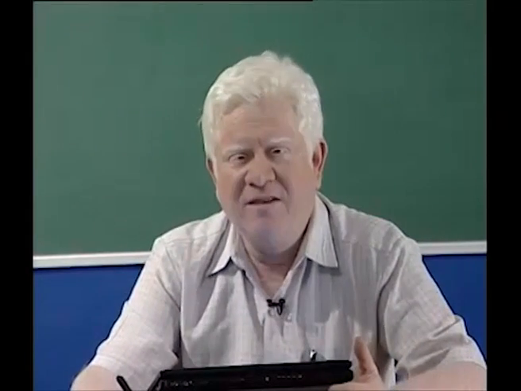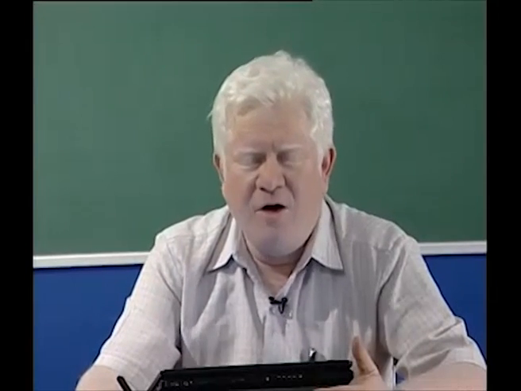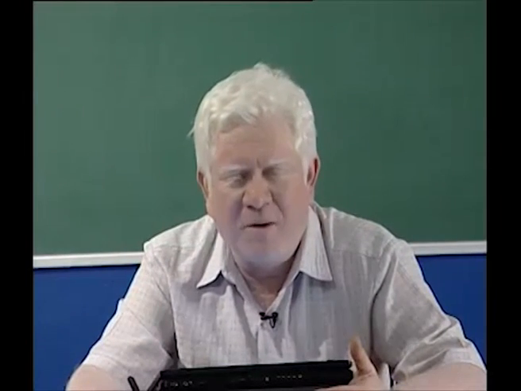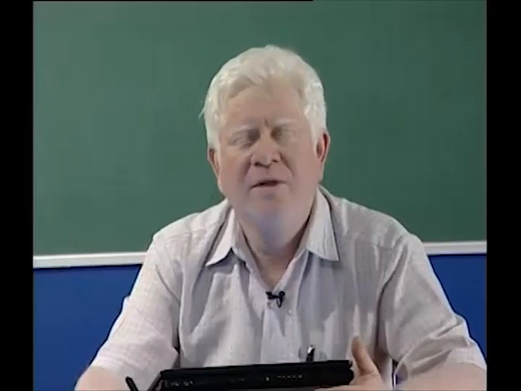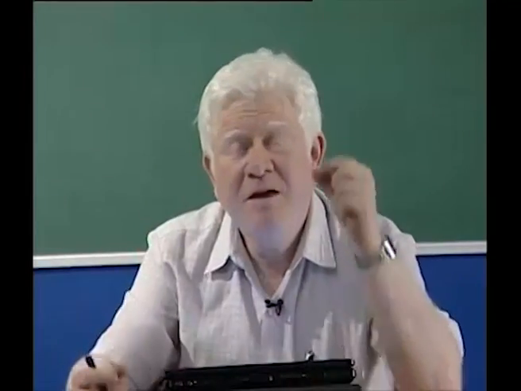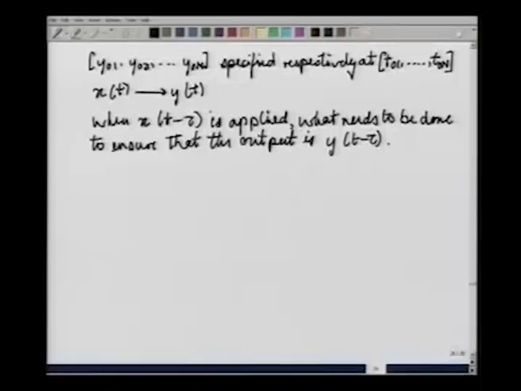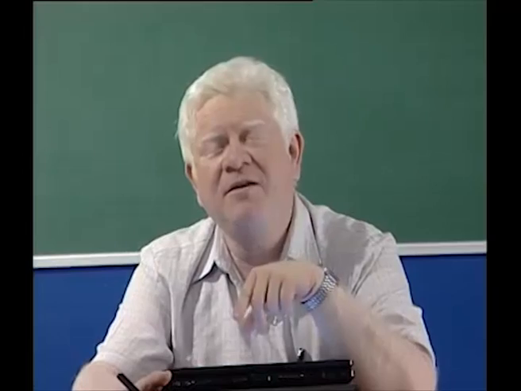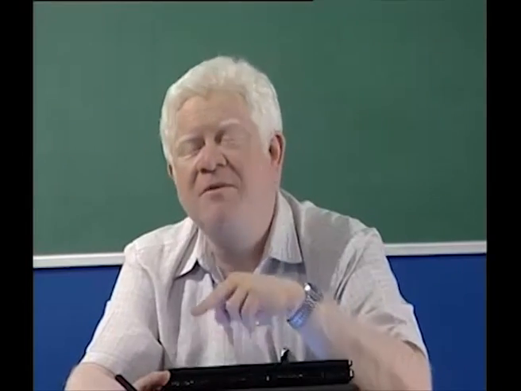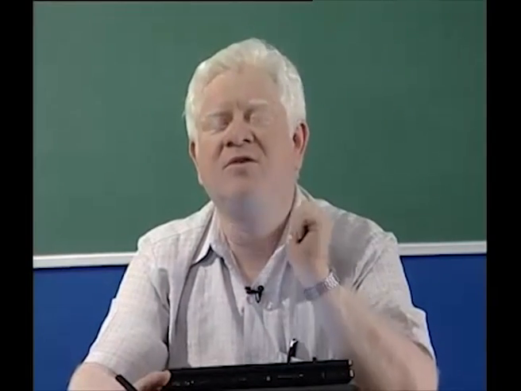And now we can generalize on the basis of our recent past experience. What we need to do is to specify the same values. That means that y01 to y0n should remain the same, their values should remain the same, but they will now be specified at shifted time instants, not at t01 to t0n.